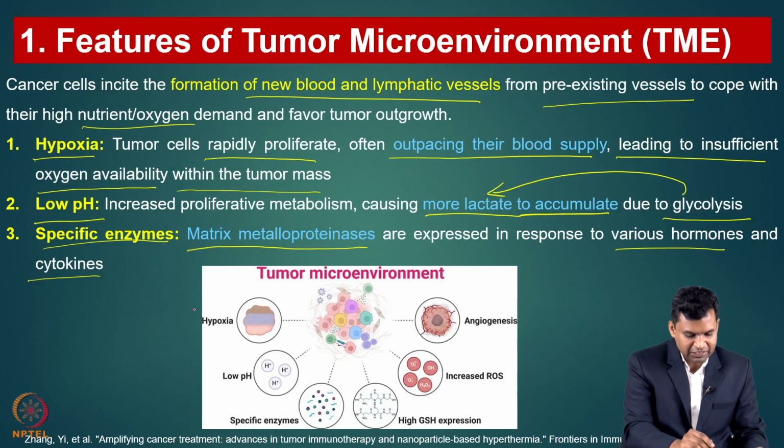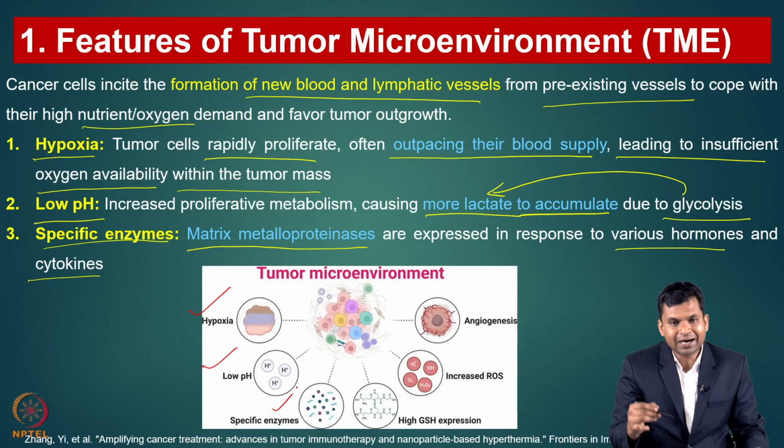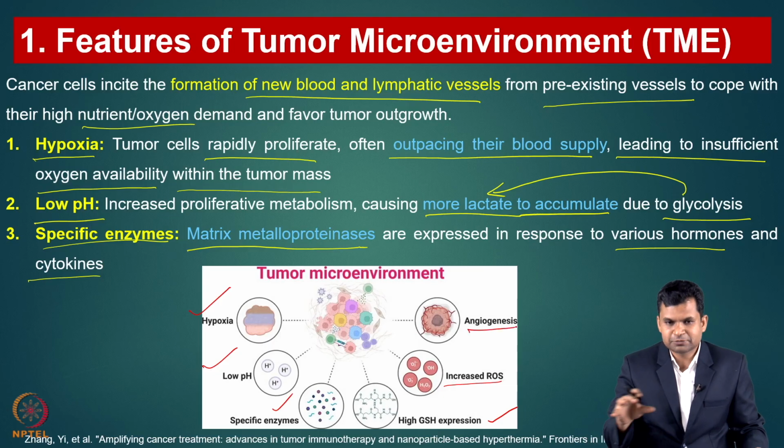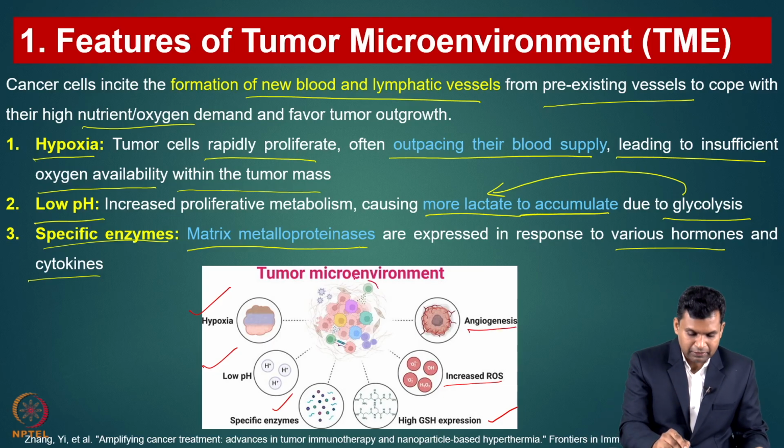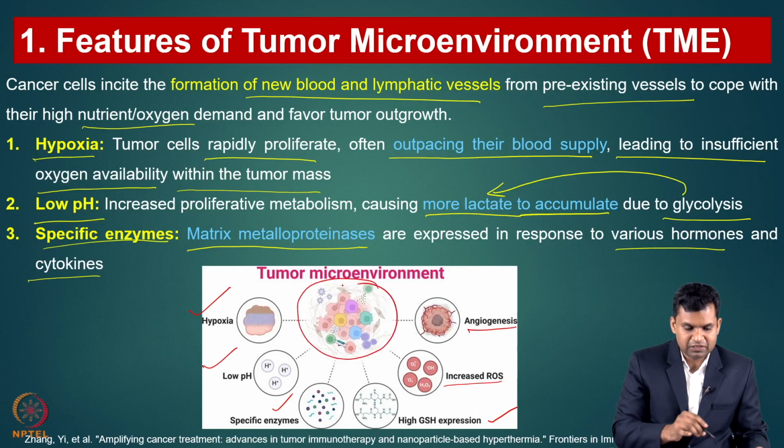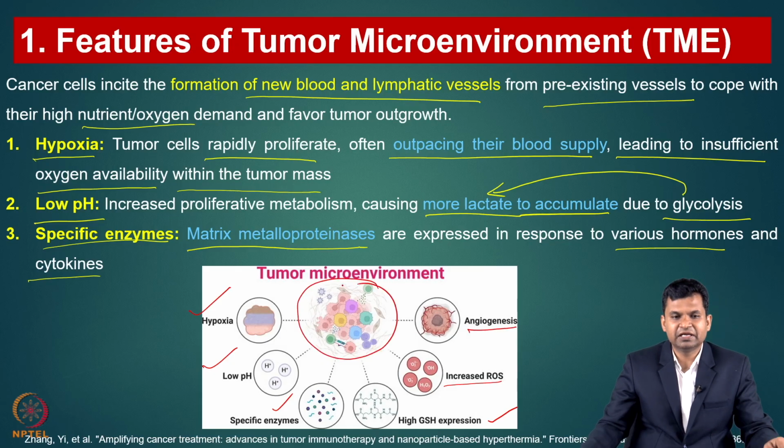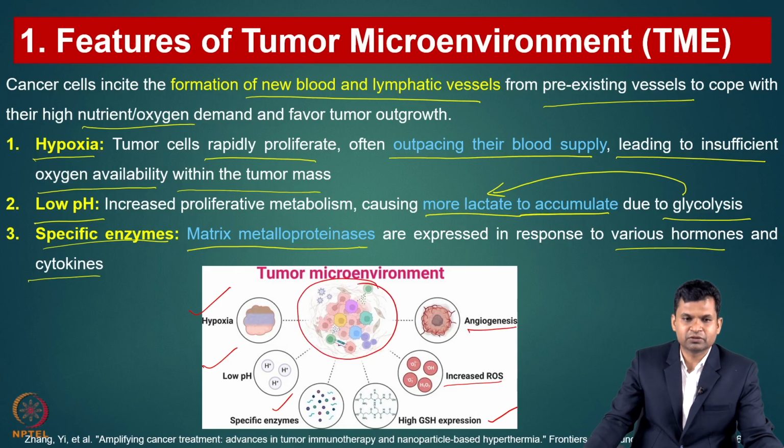So far we have discussed hypoxia, low pH and enzymes. In the upcoming slides we will discuss glutathione expression, increased reactive oxidative stress, and angiogenesis. This picture shows how the various features are involved in the tumor microenvironment.